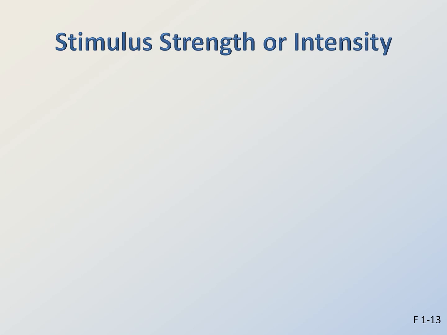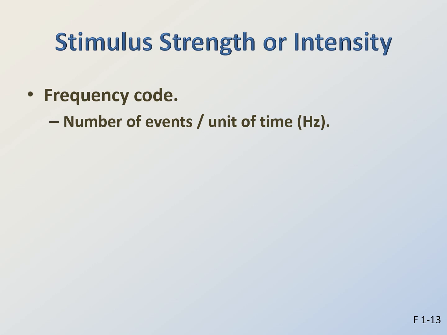For the central nervous system to be capable of differentiating the strength or intensity of a given stimulus, it relies on what is called the frequency code and population code. Frequency code refers to the number of events sensed or detected per unit of time.